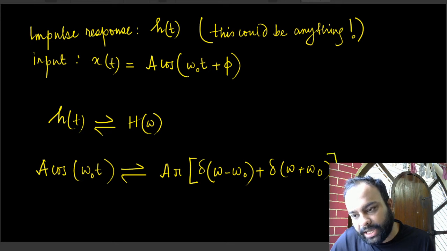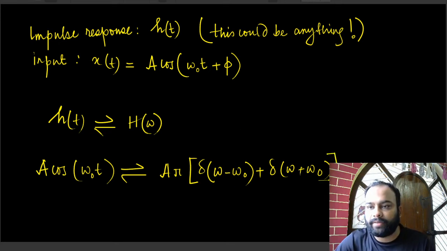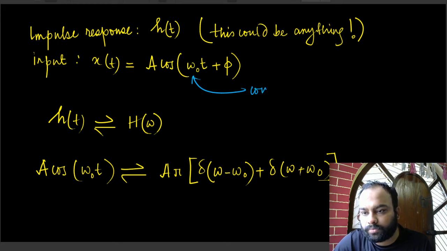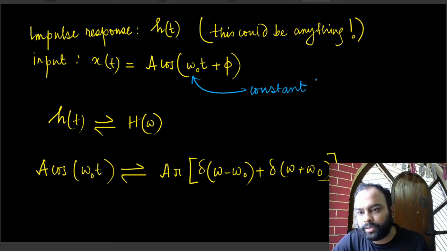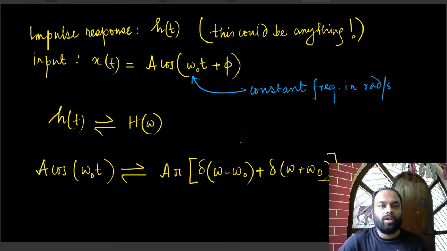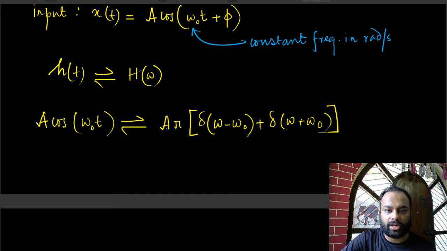Omega naught is a constant frequency, and the unit is radian per second. All right, so that's not an issue.